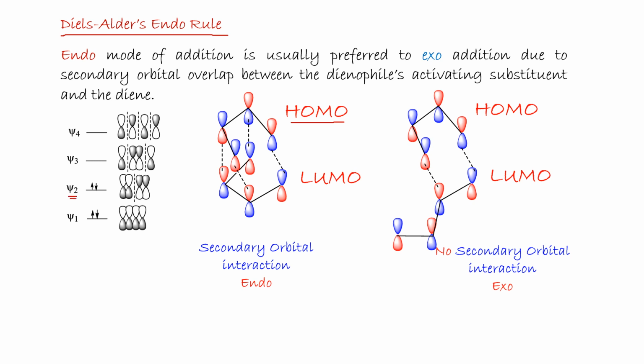As we can see here, if we say here is red, so red, red, blue, blue, that is for the phase. The terminals are 2 different phases.